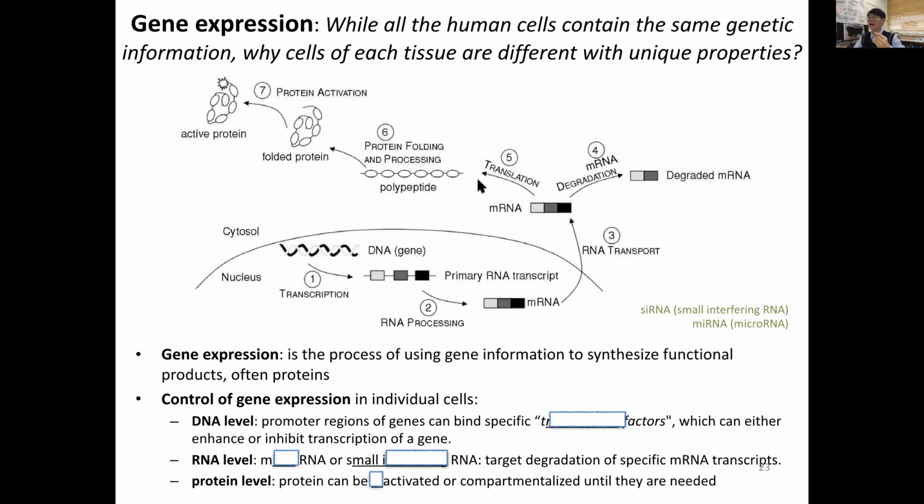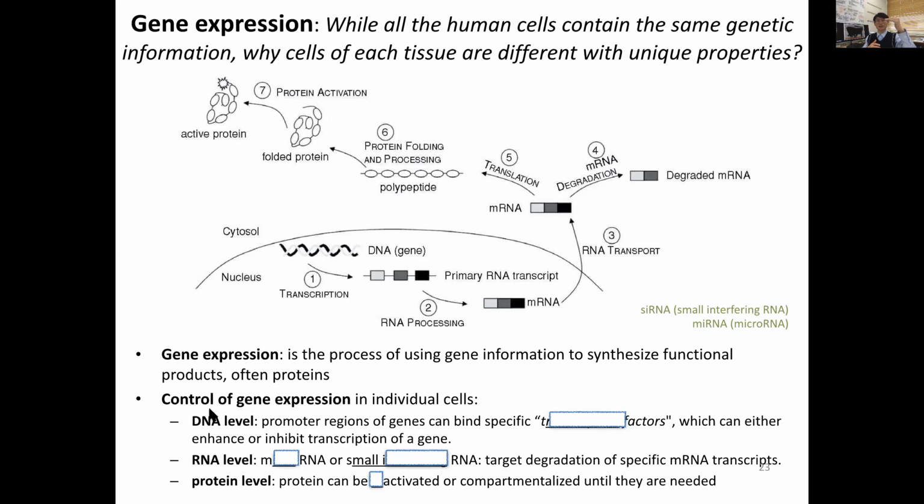Translation allows them to make a growing polypeptide chain, which is a building block of a protein. That protein will also be folded and post-processed, generating a folded protein. Many of these proteins are inactive, and once activated, they can perform a function, such as an enzyme. So how to control gene expression in individual cells is very important. And once we know, we can even control them too.